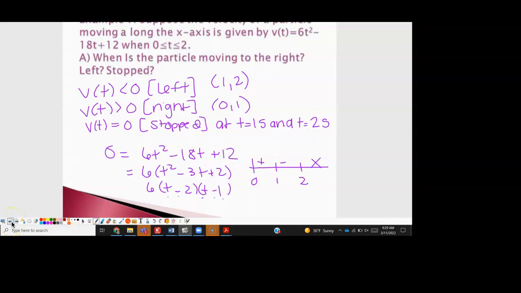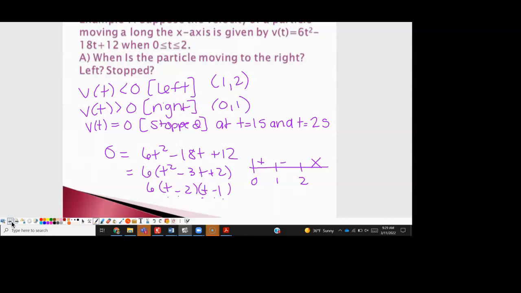Exactly. So it's the absolute value when the particle is moving left, because that's when it's going to negate my displacement. So that's why you needed to know when is it going forward, when is it going backward, and when is it stopped.